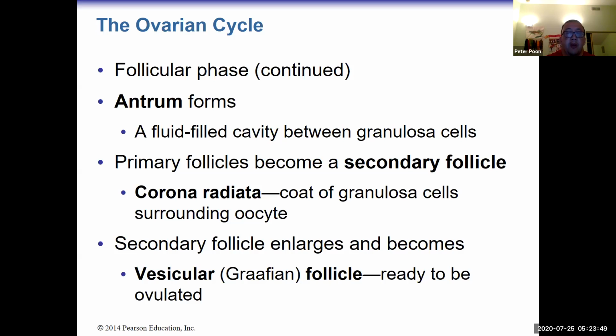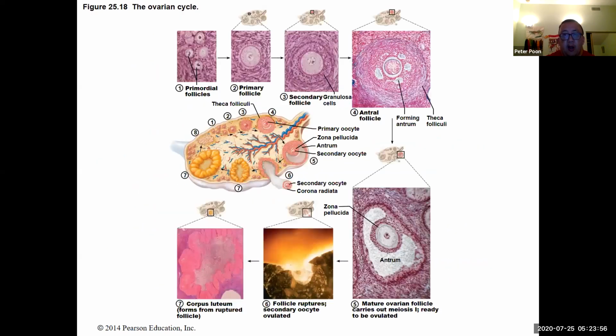So a primary follicle becomes a secondary follicle. You develop something called a corona radiata. So let's take a look. In secondary follicles, you start developing a corona radiata. It's better seen here. You see the cell in the middle, there's this zona pellucida around it, and then around that is another layer called the corona radiata, the radiating sun.